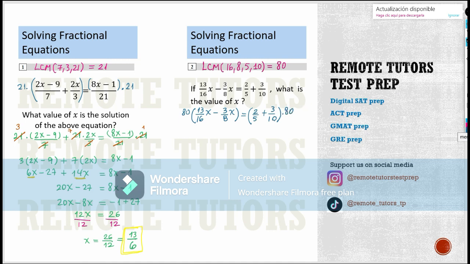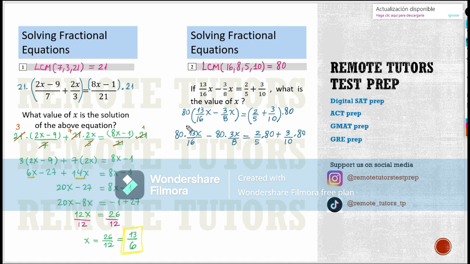Okay, so next, distribution. 80 times 13x divided by 16 minus 80 times 3x divided by 8 equals 2 over 5 times 80 plus 3 divided by 10 times 80.